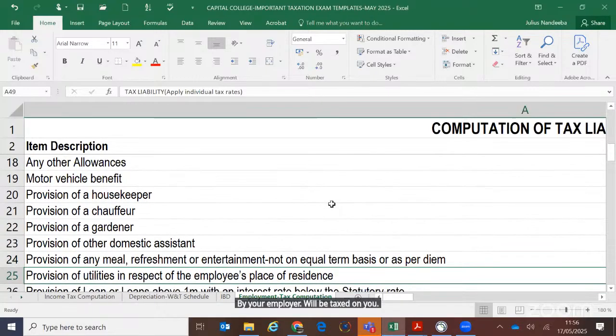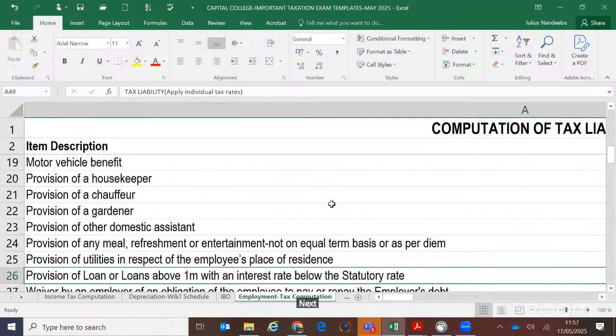The other item you should remember is provision of utilities in respect of the employee's place of residence. This time they are not giving you the money, because on utilities, if you remember the allowances for utilities, this time, for example, they are paying electricity for you, they are paying National Water for you, they are paying garbage collectors for you. That they pay on your behalf is your benefit.